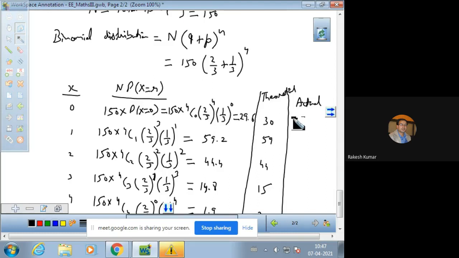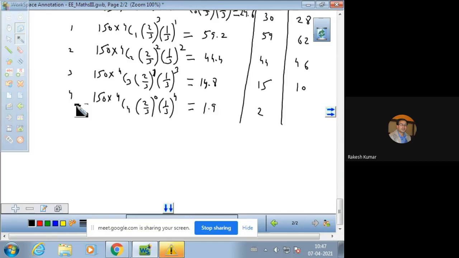Theoretical frequencies are the calculated ones, and observed or actual frequencies are those given to us. The first corresponding frequency to the variable 0 is given to us, that is 28, 62, and this is 46, this is 10, and similarly the last one corresponding to x is equal to 4 is 4.